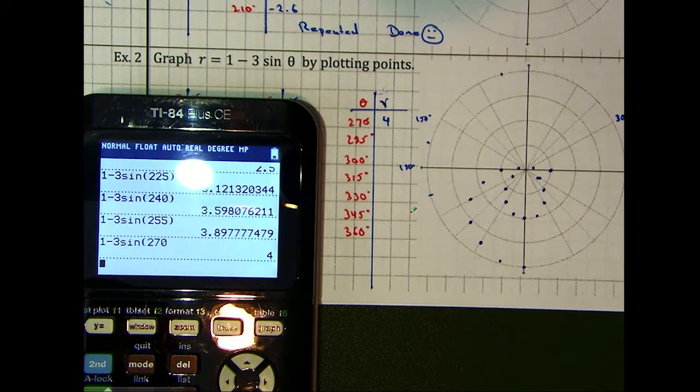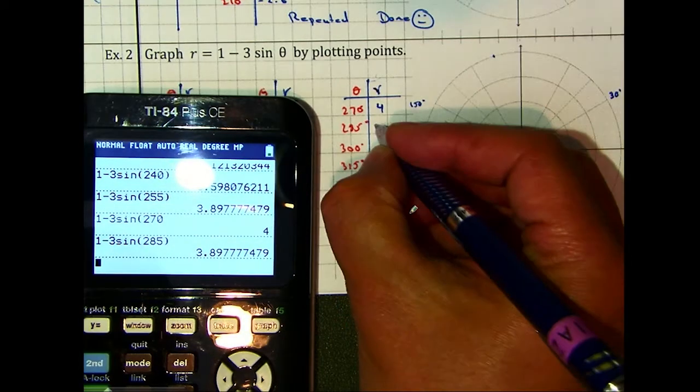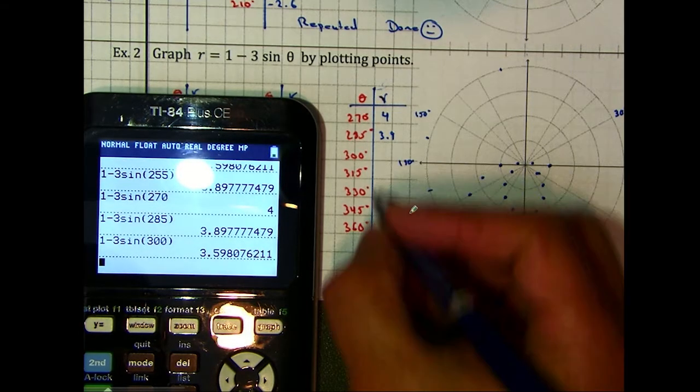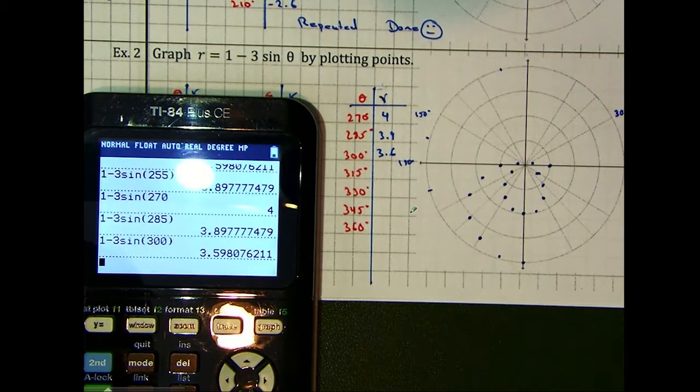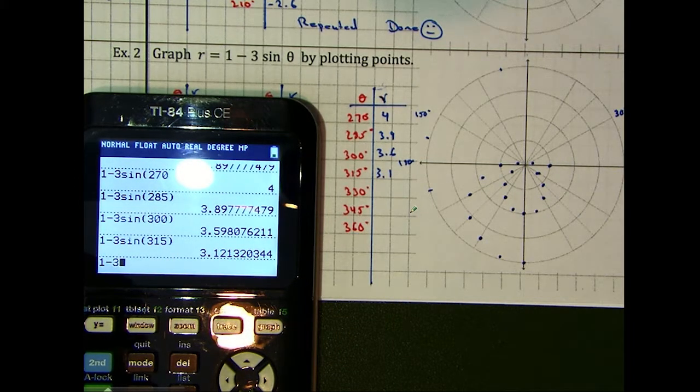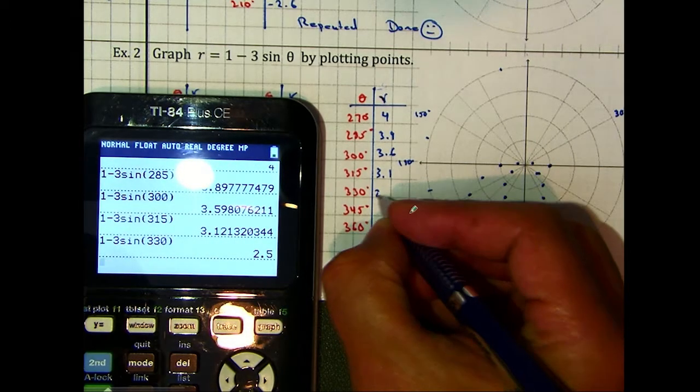Let's do 1 minus 3 sine of 285, will be 3.9. 1 minus 3 sine of 300 will be 3.6. 1 minus 3 sine of 315 will be 3.1. 1 minus 3 sine of 330, 2.5.